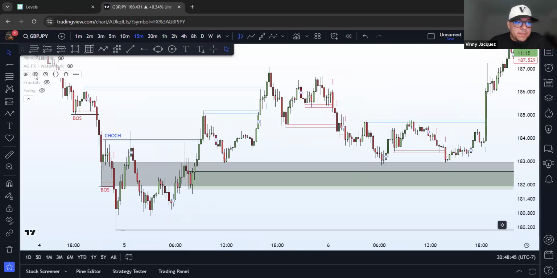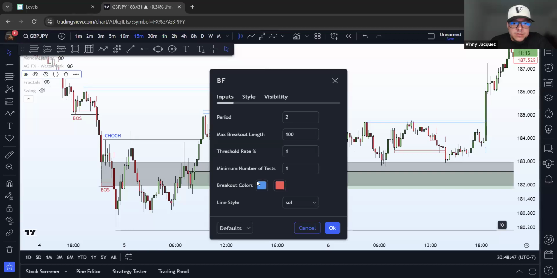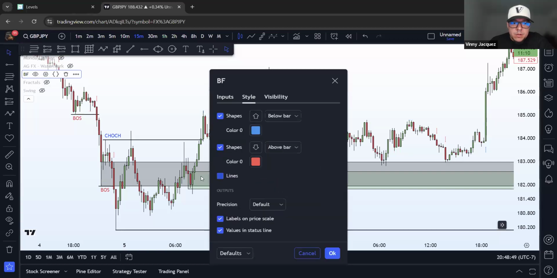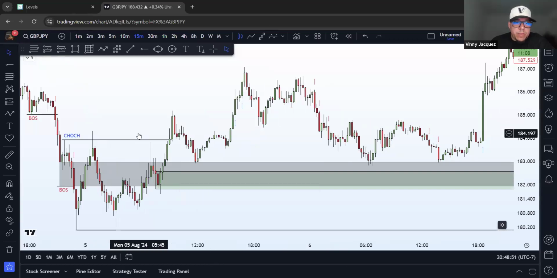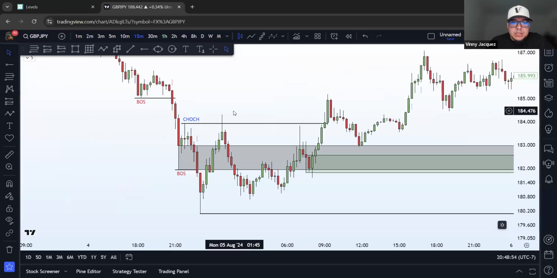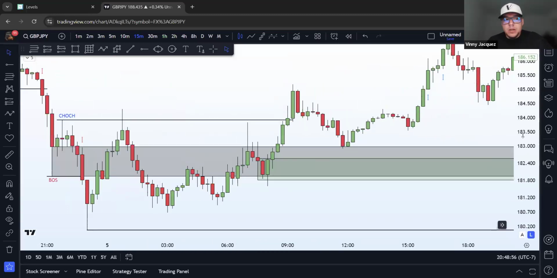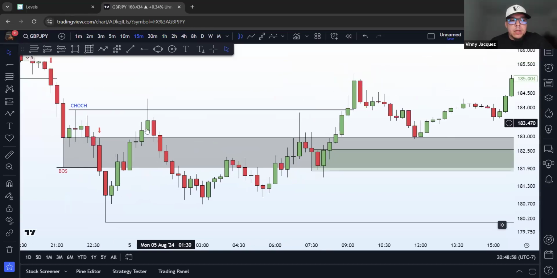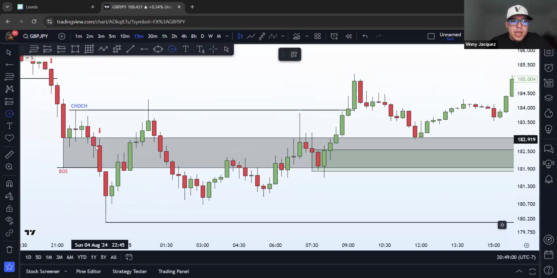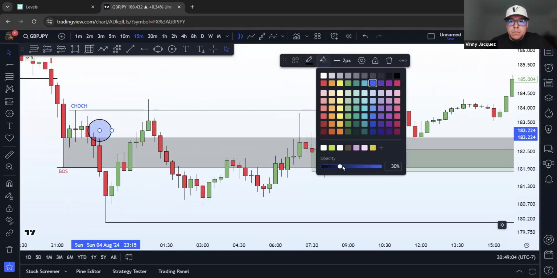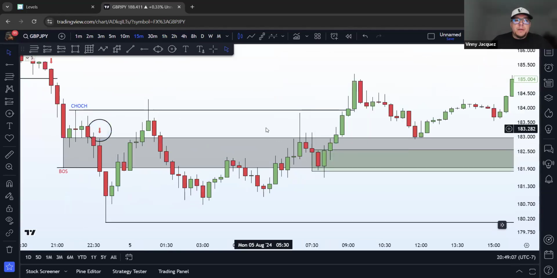Let me go ahead and take off the lines. Because look at this, guys. Again, this is all AI, right? But look at what Levels is saying: we have a red arrow right there.